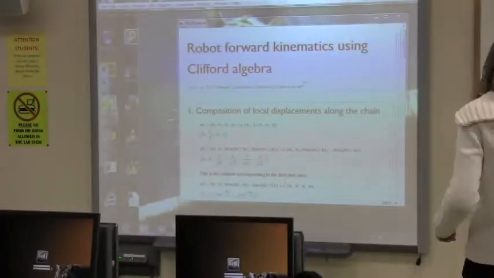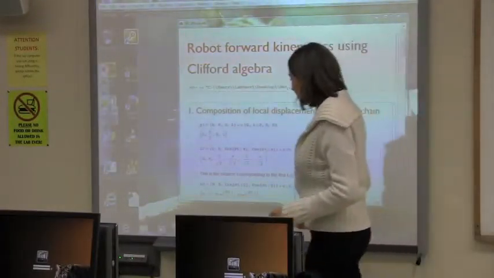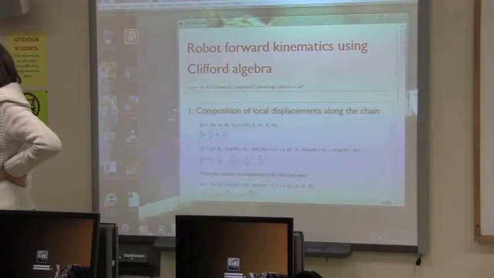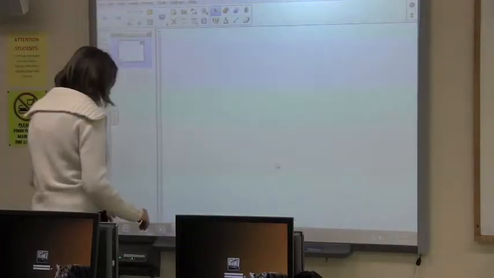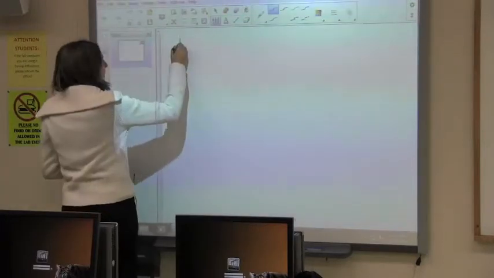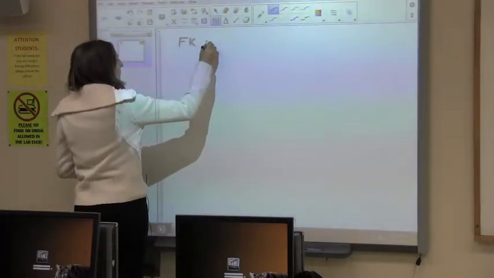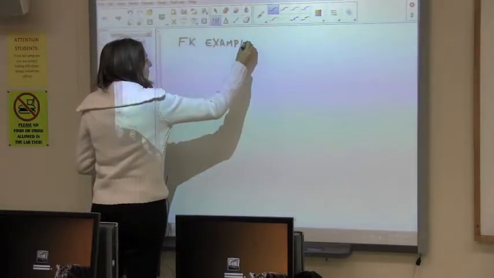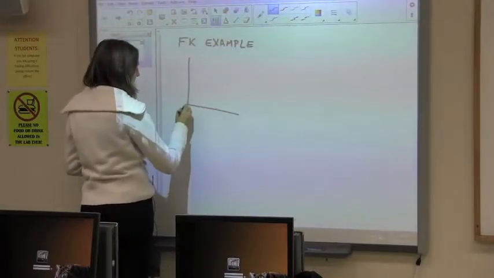Let me try to draw the robot we were working on while you guys download that and all that. So we were doing just a forward kinematics example. Now I need your help to draw this right.